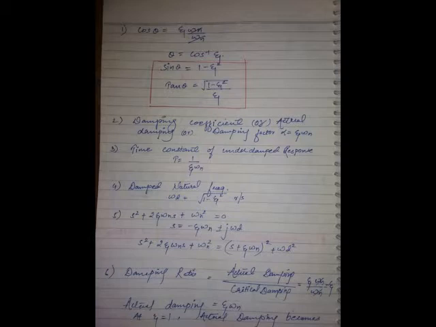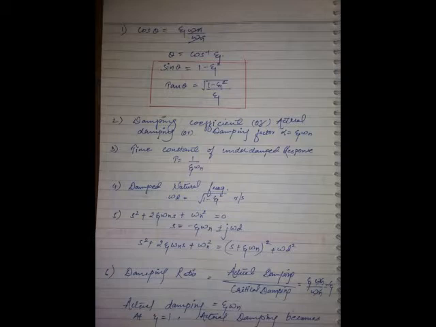What was the transfer function of a non-interacting system? K by RCS plus 1 whole square. So when you connect 2 tanks in a non-interacting mode, you have a transfer function of the form K by RCS plus 1 whole square. Yes or no?